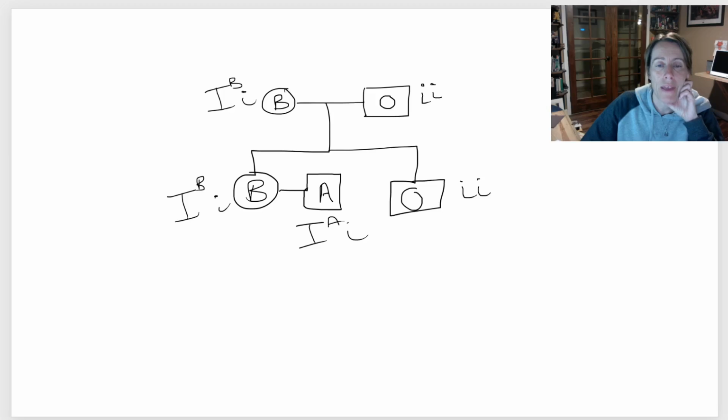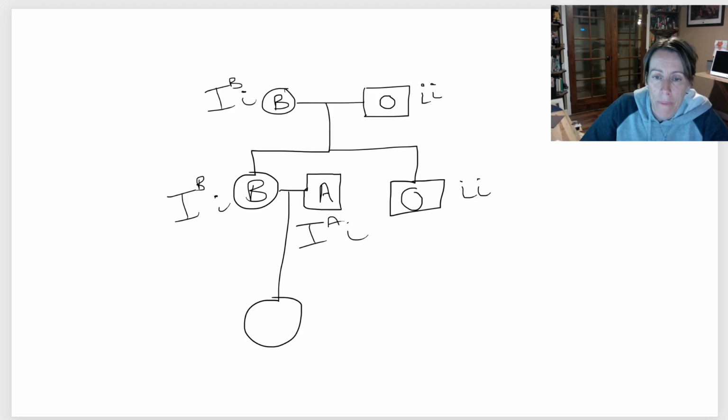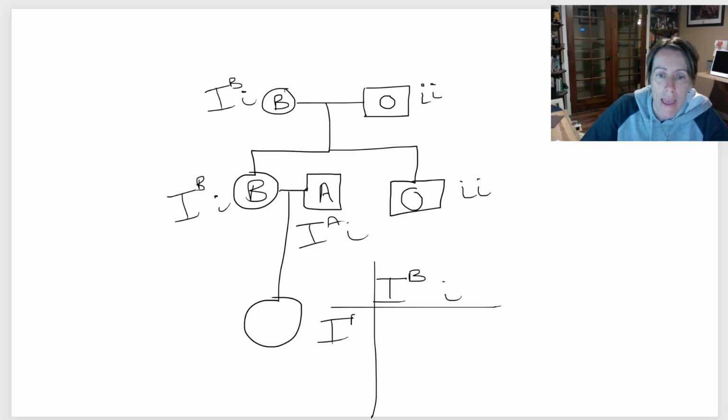And we have a daughter, and she's not been blood typed yet, so we don't know what she is, but what could she be? Let's see. So I am big I B, little i, that's the mom. He is big I A, little i, that's the dad.